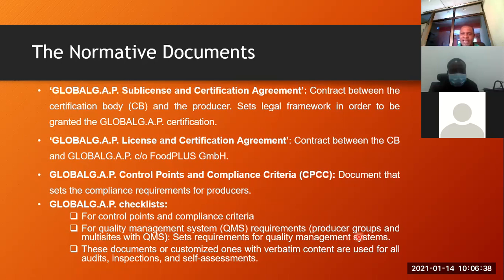Then the next normative document is the GlobalGAP checklist. This is the checklist to be used by the auditors as well as by the producer for their internal self-assessment. This checklist consists of the control points and compliance criteria, and then there is also another checklist for small order producers, that is those who are doing option 2.